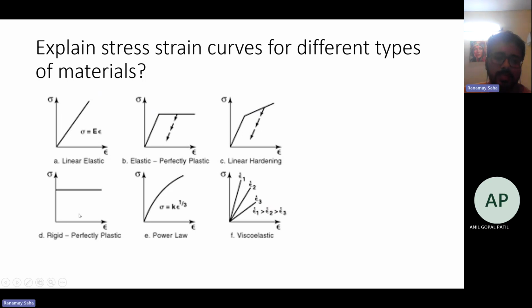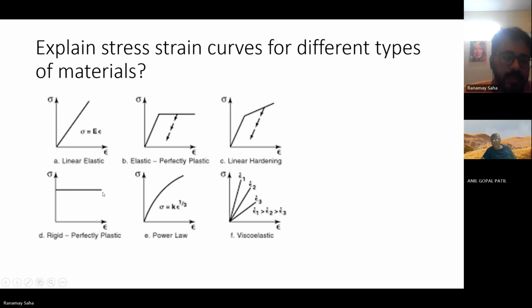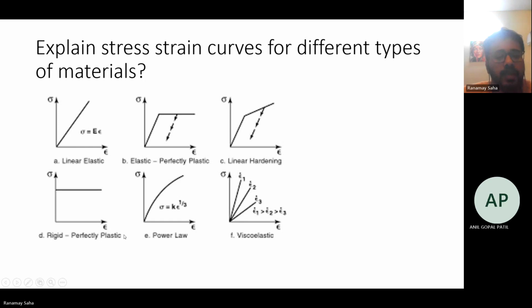Then the rigidly perfectly plastic material, so there is no elastic region. At the start of the load application, the plastic strain never comes back to the initial point. There is a power law; this kind of law is there simply to define materials which are not linearly plastic or linearly elastic.